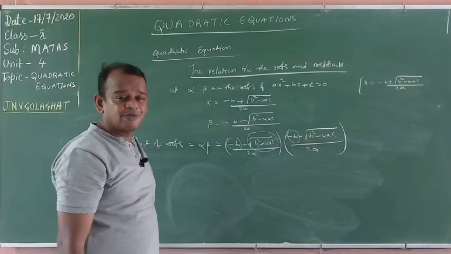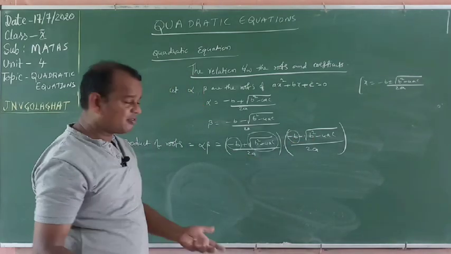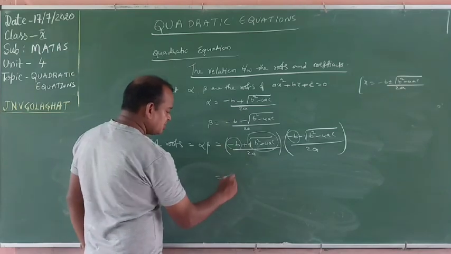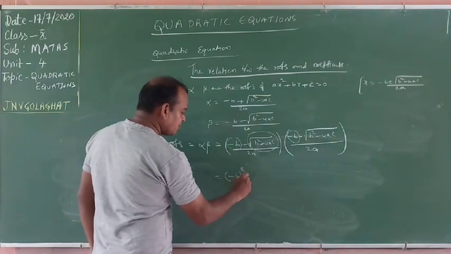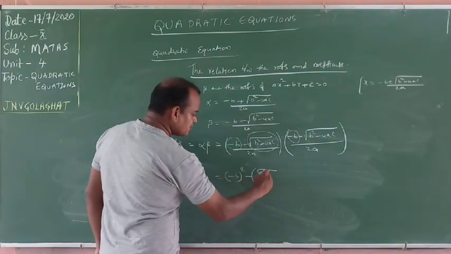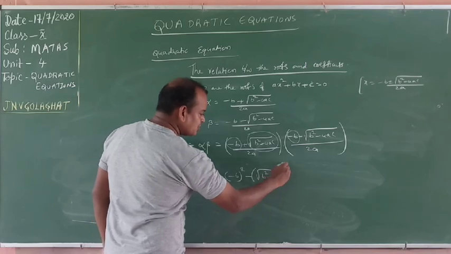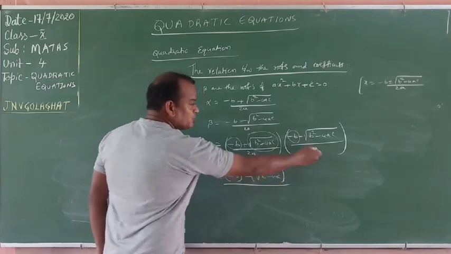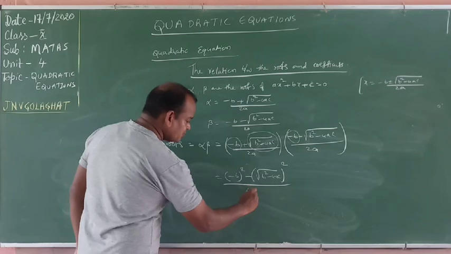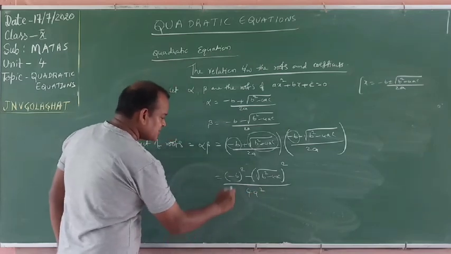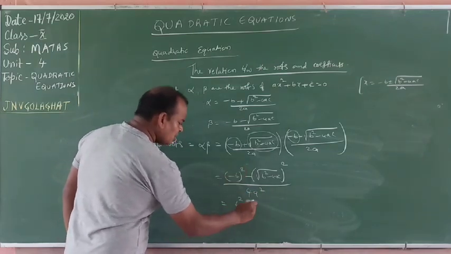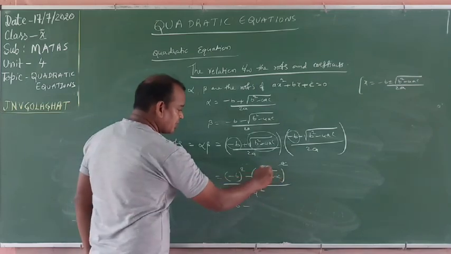Then it is a plus b into a minus b, and the formula is a square minus b square. So a square means minus b whole square, minus b square root over b square minus 4ac whole square, by 2a into 2a, which is 4a square. Minus b whole square means b square, minus the square root square, cancel.